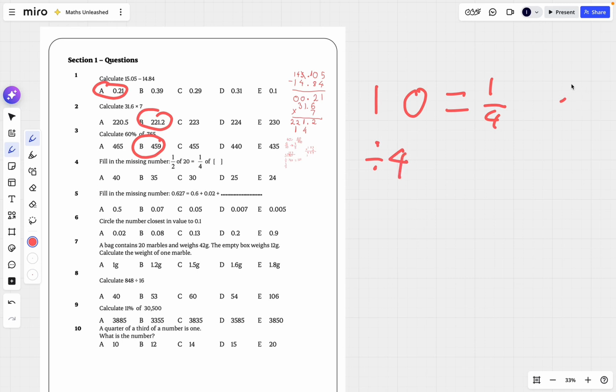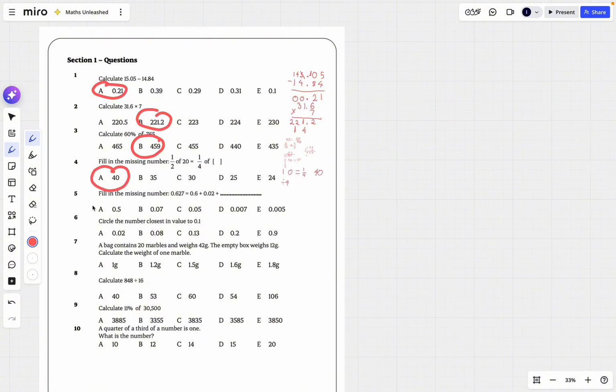If we want to find this number, we need to do the inverse. The inverse means doing the opposite. So instead of dividing by 4, we have to multiply by 4. So 10 times 4 will be 40. So therefore, 1/2 of 20 is 1/4 of 40.